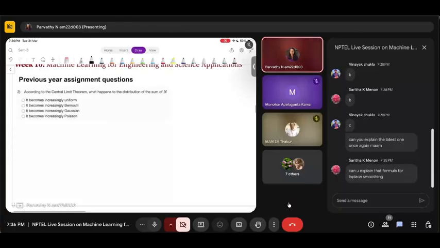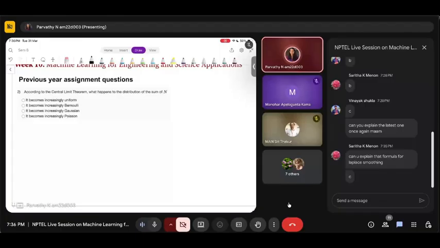Central limit theorem: we all know that as the n value tends to infinity, the sample mean will converge to Gaussian. So, as the n values increase, the mean converges to the Gaussian distribution regardless of the original distribution of xi.